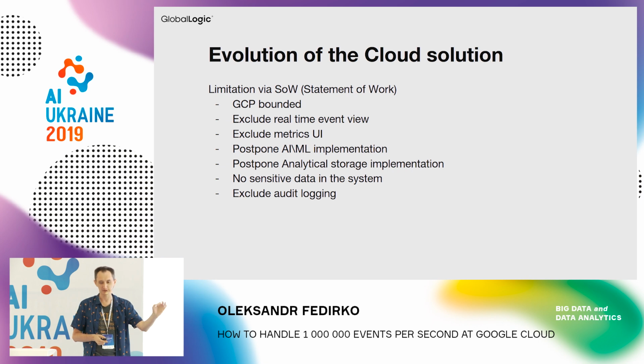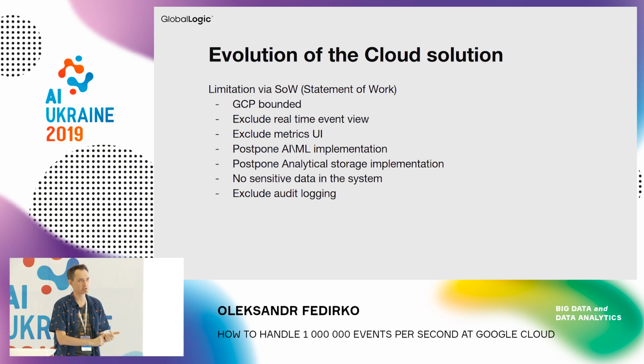We're going to talk about the core things further. The core thing actually was this rules engine, this CEP, how to create this one. So we had to get rid of the AI/ML implementation. We have to simplify how to measure performance of this solution. No sensitive data, it really makes things easier.